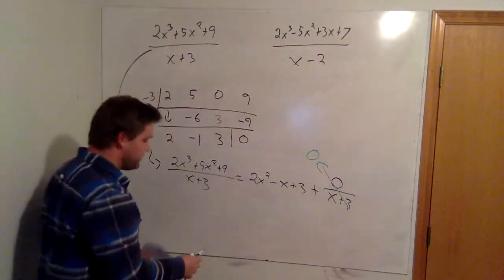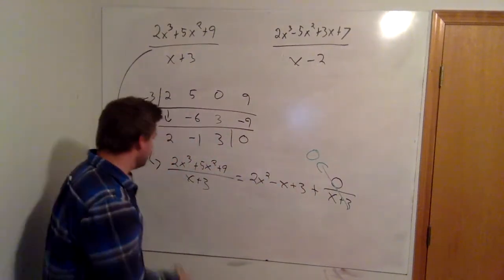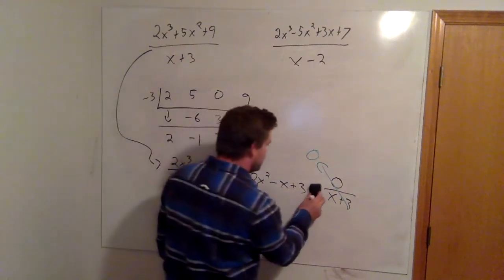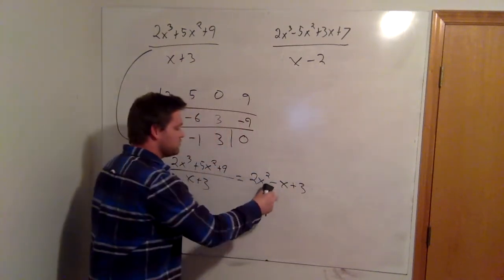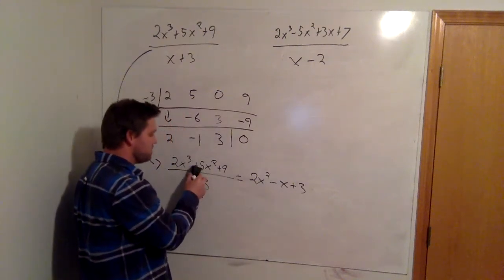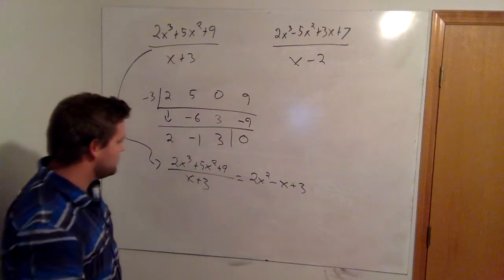So this polynomial divided by this polynomial is just 2x squared minus x plus 3, which means x plus 3 goes in here an even number of times.